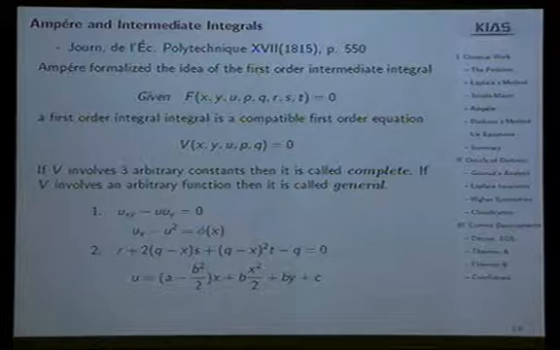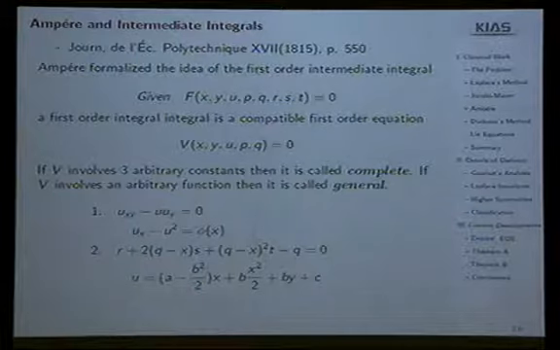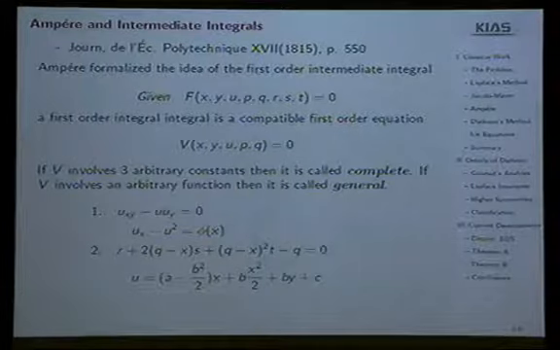Now when I integrate this first-order PDE, I know the solution to that first-order PDE will involve an arbitrary function of y. And so I've reduced the integration of this second-order PDE to the integration of this first-order one. That's an application of first-order intermediate integrals a la Monge.